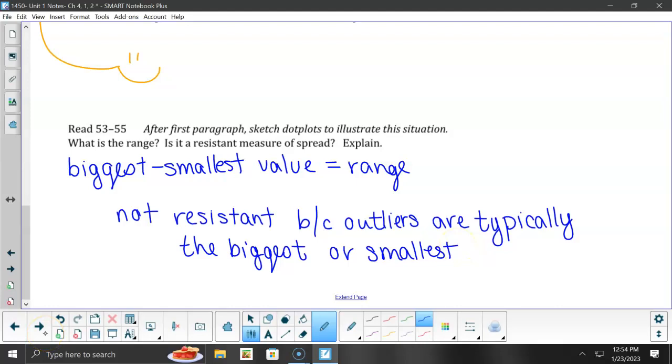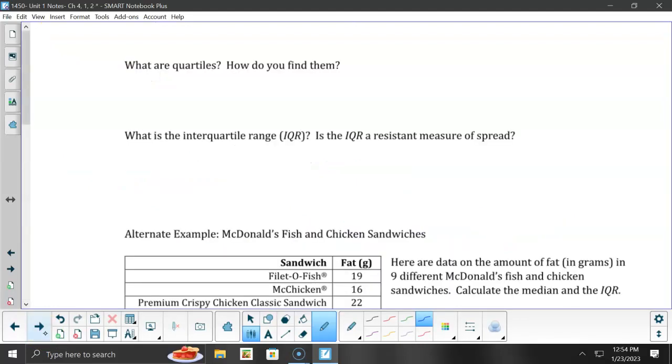All right, so far so good? What about quartiles? Do we remember quartiles at all? It's a quarter of your data set.